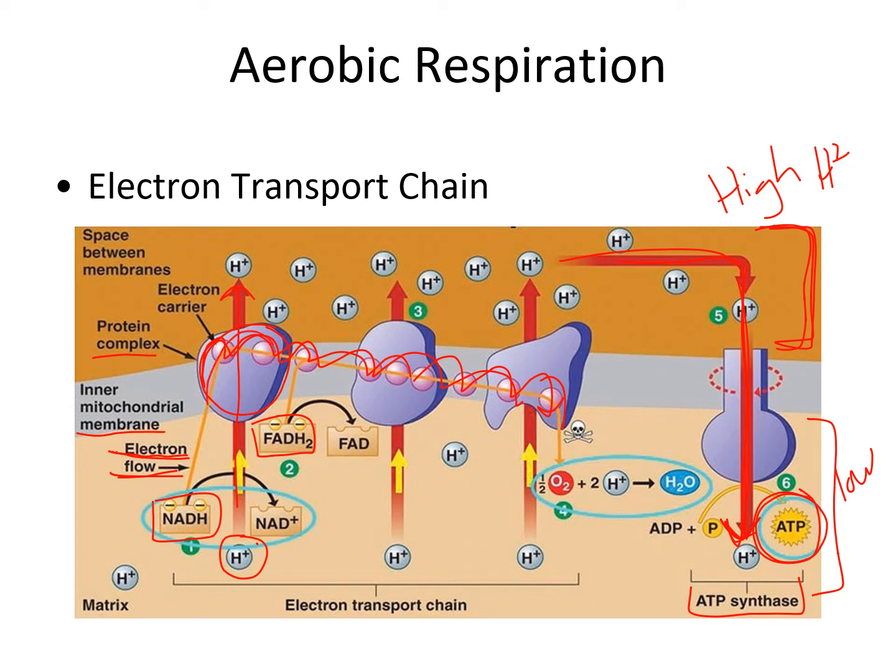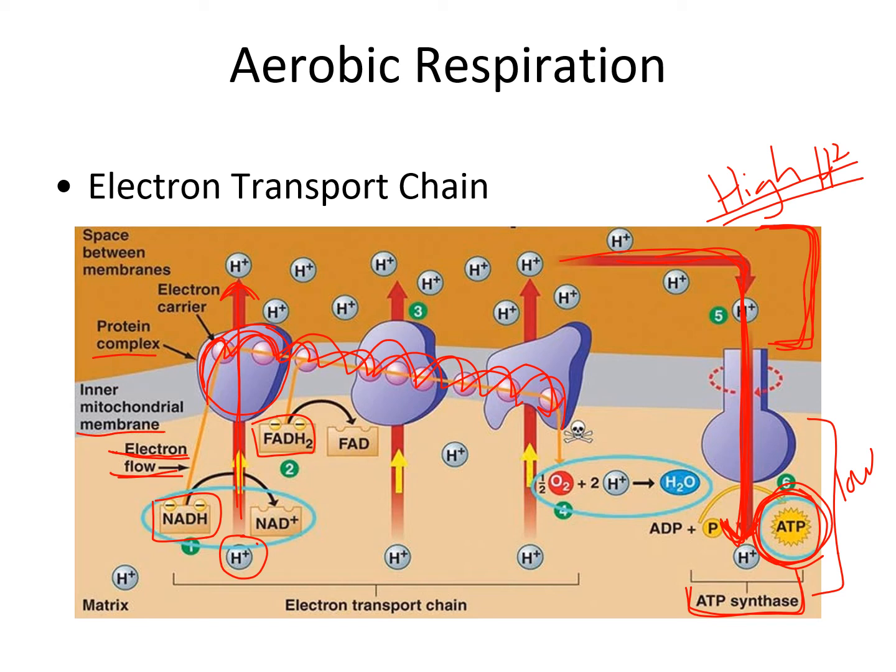The electrons are going to be transported from protein to protein. That movement of electrons is going to power the proton pumps to increase the concentration of hydrogen ions on this side of the membrane so that the ATP synthase can allow them to diffuse back across the membrane, and that flow of hydrogen ions is going to power the production of ATP.